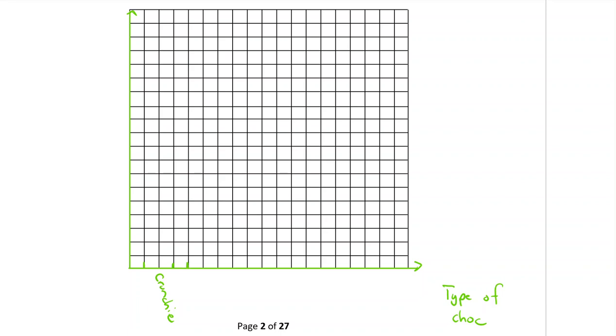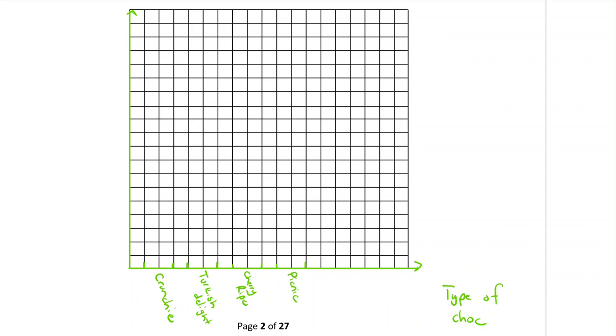Then we need another 1 space gap, and the next 2 spaces will be for the Turkish Delight. Leave another space gap, and then the next 2 spaces will be for the Cherry Ripe. Leave 1 more space gap, and the last 2 boxes there together will be for the Picnic.